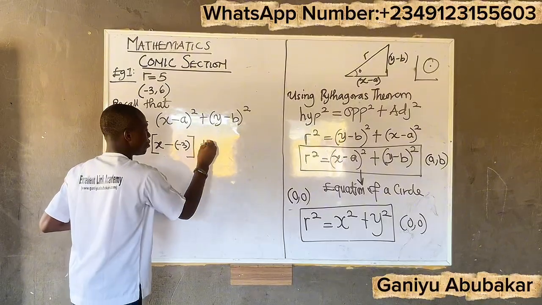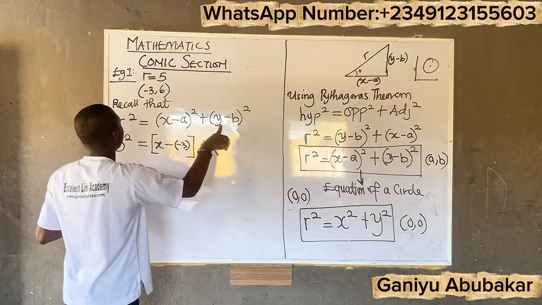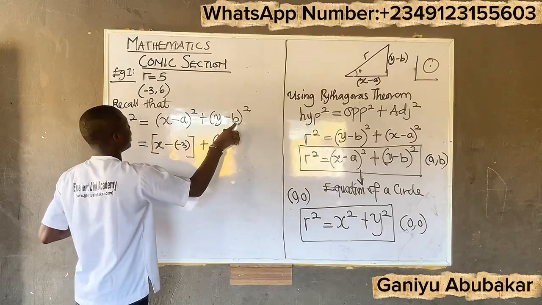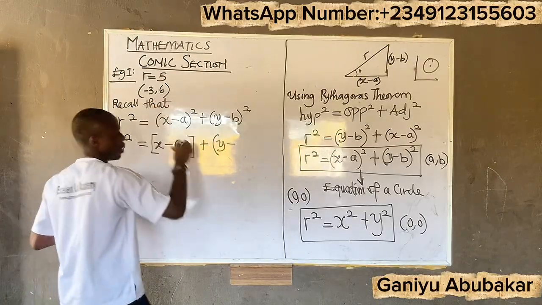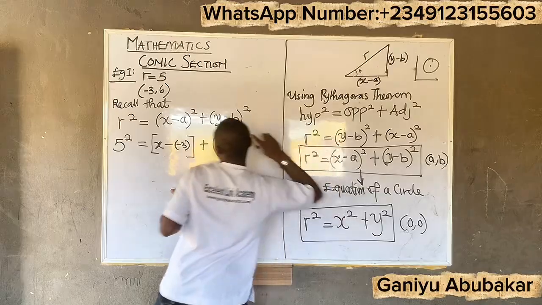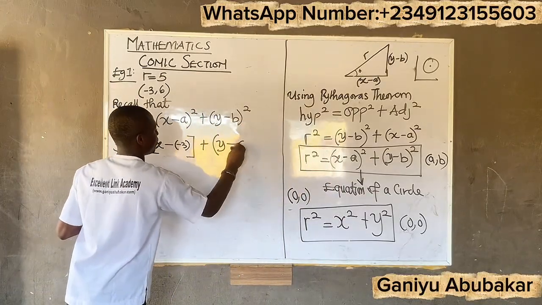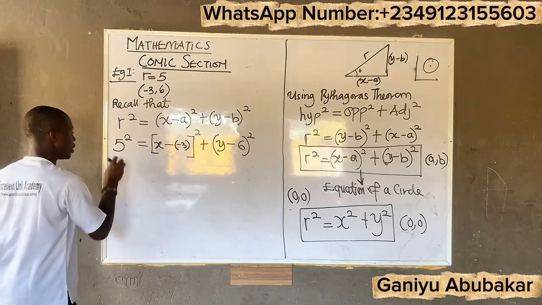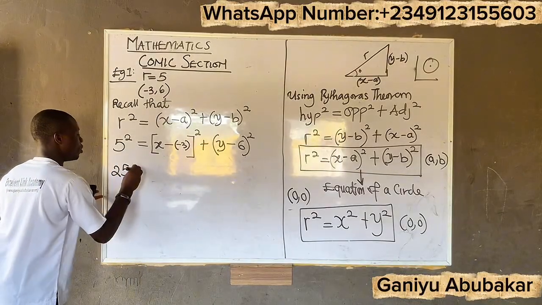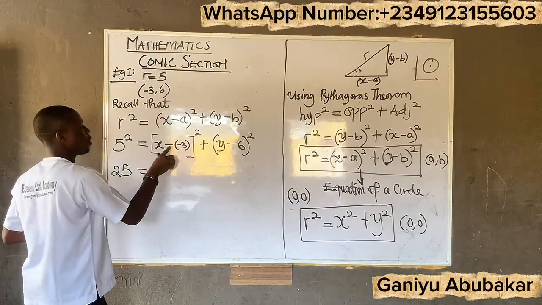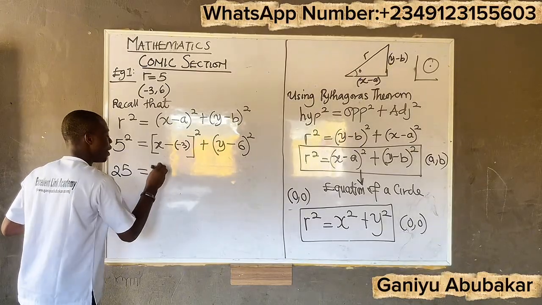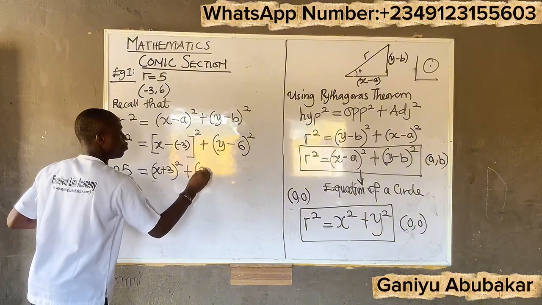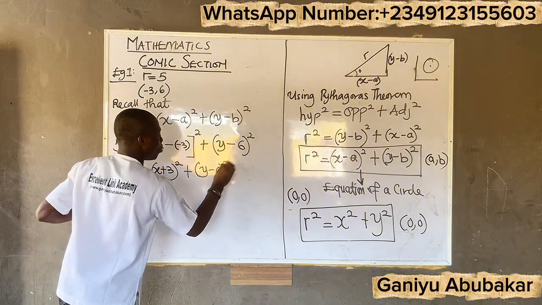Next, plus y, y is still y, minus, what's b there? b is the second value here, as I said, so b is 6, all squared. Don't forget the square here. This gives you 25 is equal to, minus minus gives you plus, x plus 3 all squared plus y minus 6 all squared.